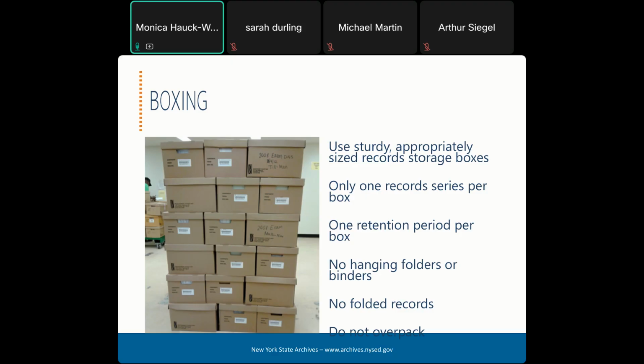For oversized boxes, if you don't have storage devices or space to store them flat, you're going to want to roll them and place them in sturdy oblong boxes that are slightly longer than the rolled records. The width and depth of the box should be equal to one another, and you should be able to put the roll in without squishing it, and you don't want to leave too much room for the roll to go back and forth through the box, damaging itself as you're moving the box.